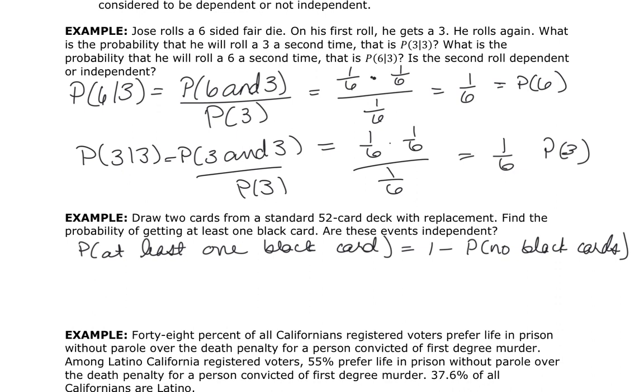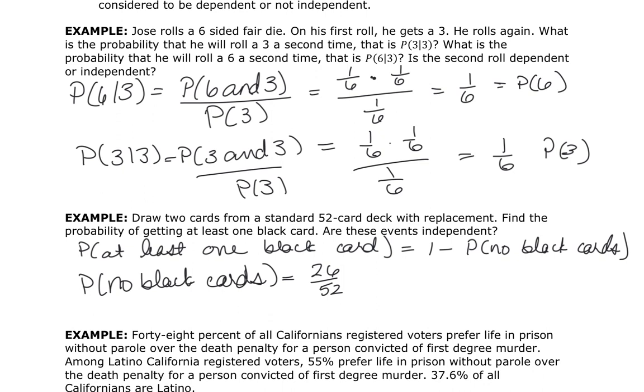Okay, so what's the probability on the first draw of no black cards? Well, the probability of no black cards is 26 out of 52 because there are 26 cards that are not black in the deck of 52. Now, we know that this is independent, right?